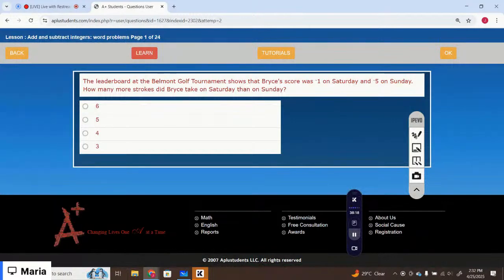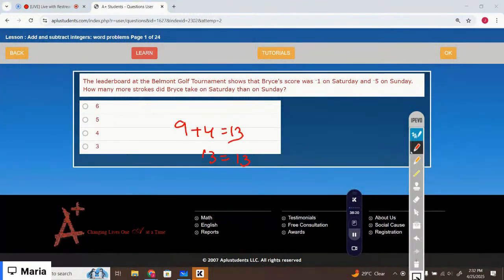How much more? So you have to subtract -5 minus -1.